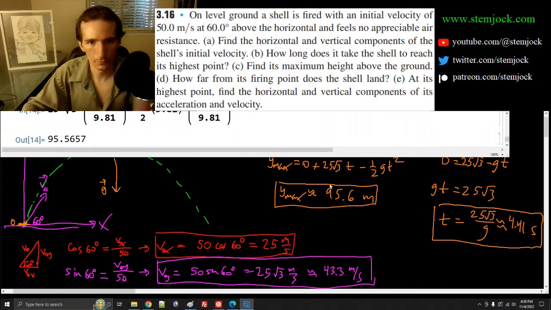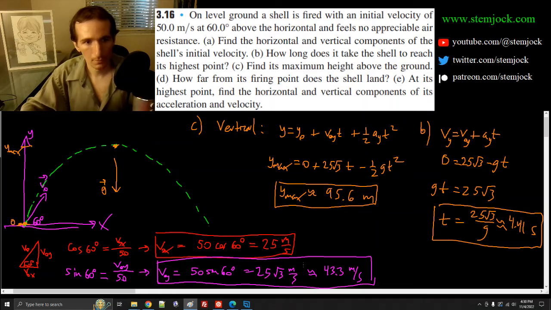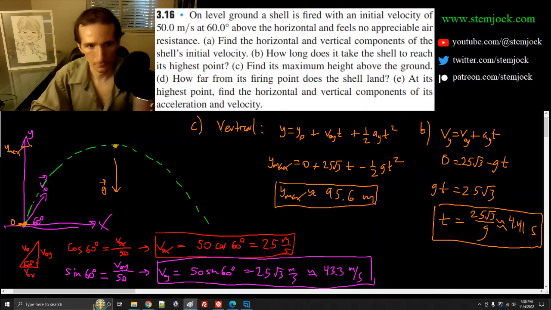So let's start with the velocity. At the highest point, as we said before, the vertical velocity Vy is going to be 0 because it's at a complete standstill at the top. There's no vertical speed here. It's completely horizontal at the highest position.